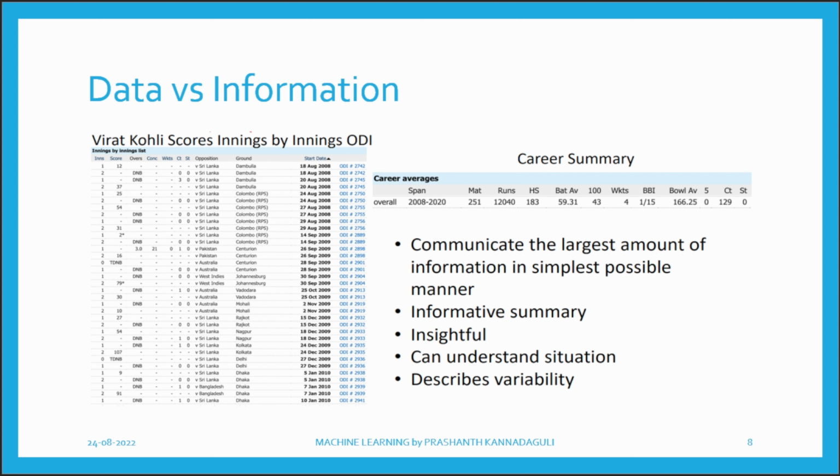Okay, we have one answer saying batting average. Okay, good. Let's see other answers. Please go ahead. Only average. So Vivek says he comes to know about average from that particular table.